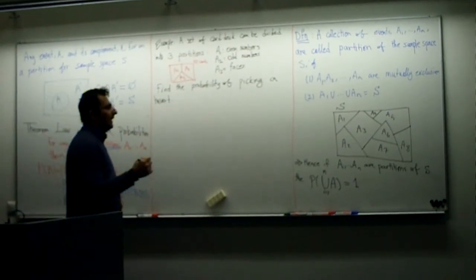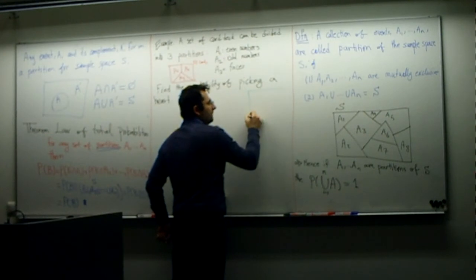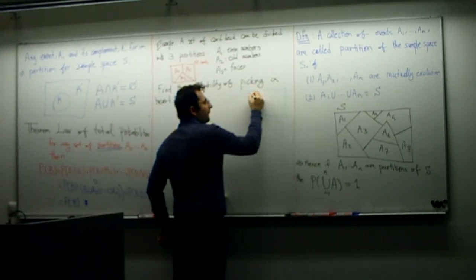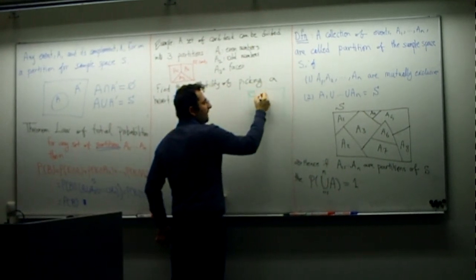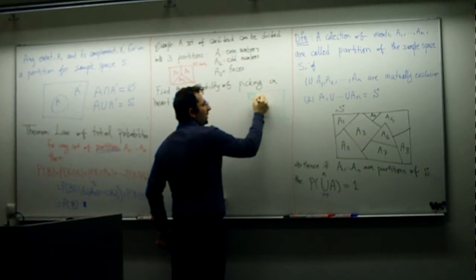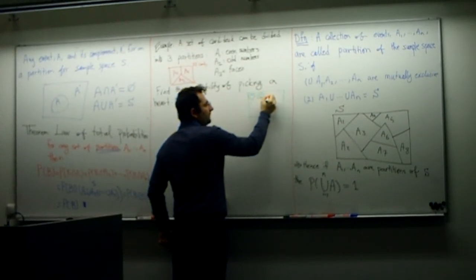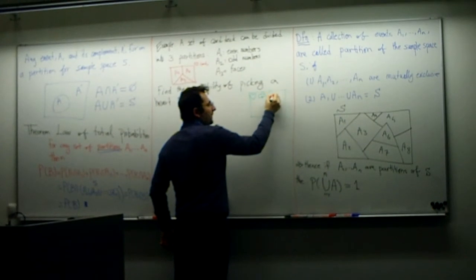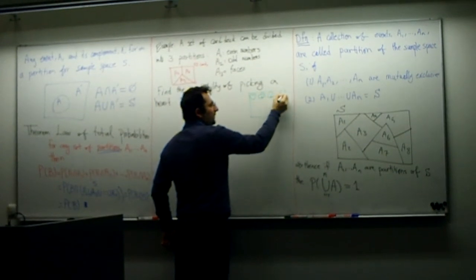We know we have 4 symbols in a card, and they are heart, club, spade, and diamond, right?